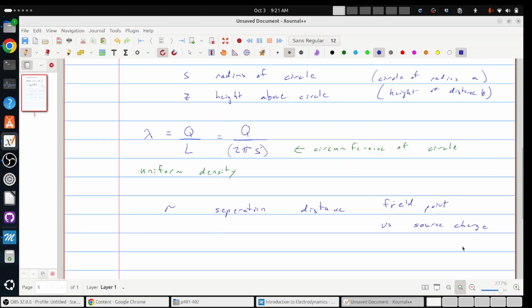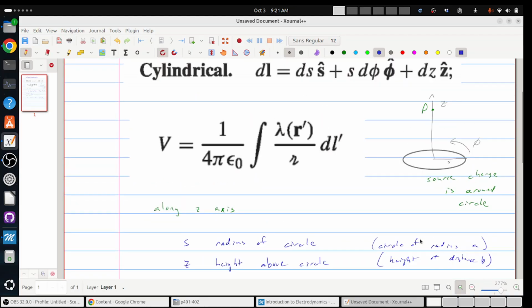So I'm going to come back up to my diagram and add another line in a lighter color so we know that it's not part of our diagram. From my point P down to my point on the circle, that is going to be my separation distance.